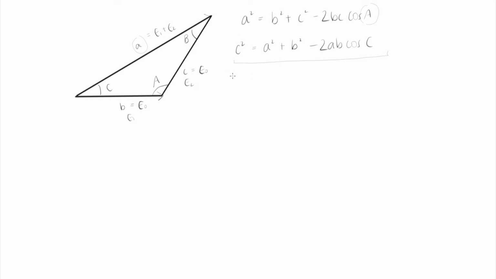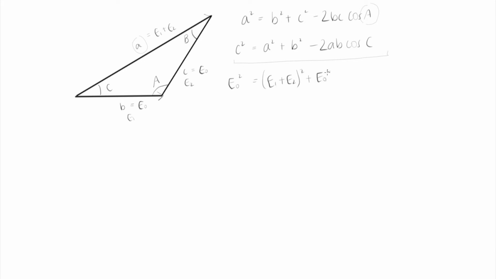Okay, so C squared is going to be E naught squared, because even though this is E2, it has a length of E naught, so it's going to be E naught squared, equals, now A squared is going to be E1 plus E2 squared. We don't know what that is, but that's what we're trying to work out.